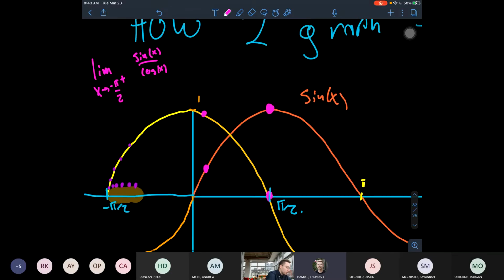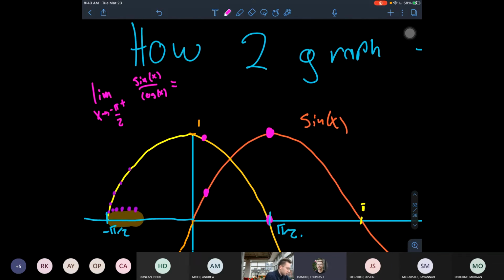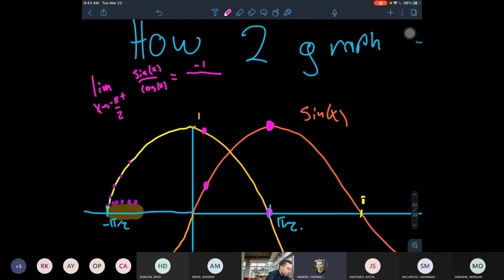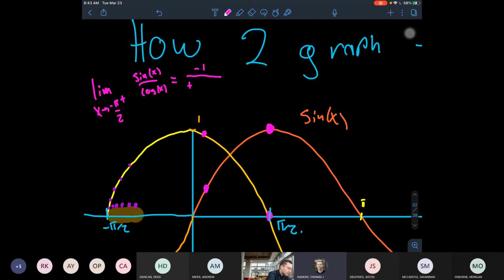Okay, and I'm going to do something here that's not totally mathematically rigorous, but I'm going to say that sine of x is getting really, really close to -1. And I'm going to say that cosine of x is getting very, very close to 0, but still positive. So sometimes what I like to write is I'll write something like positive small here.